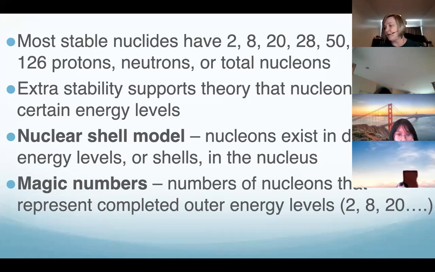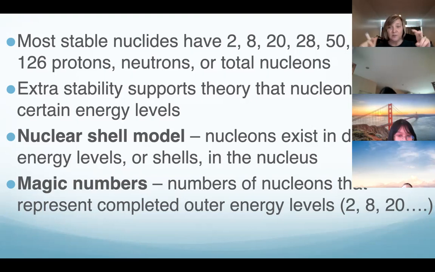These are basically what are called magic numbers. And the only thing that I can kind of think of as an analogy is when we learned about electron stability, right? When we learned about the energy levels where electrons can exist, like 2, 8, 18, 32.